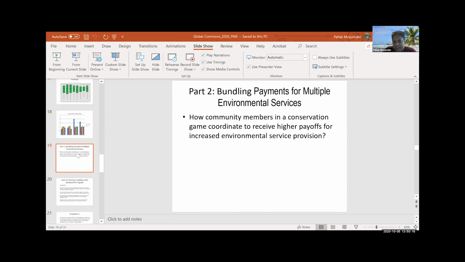Now I'll discuss the second part of this research project. We are engaging with the communities in different land use activities, and we are designing a sort of conservation game, where they are eligible for different levels of payments depending on what kind of land use practices they do, individually and as a group.